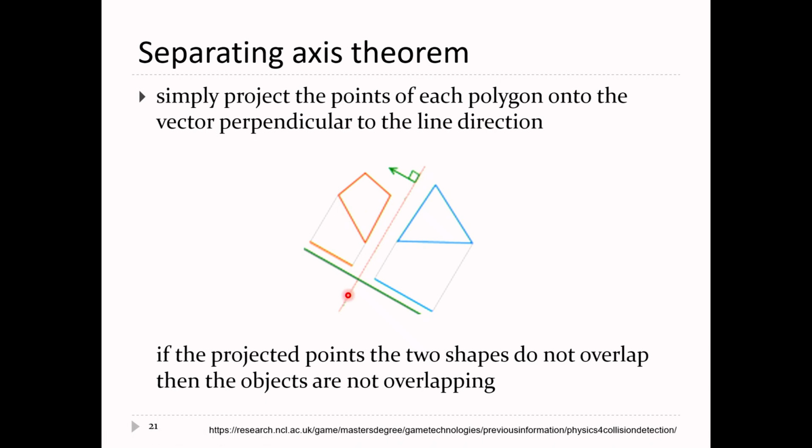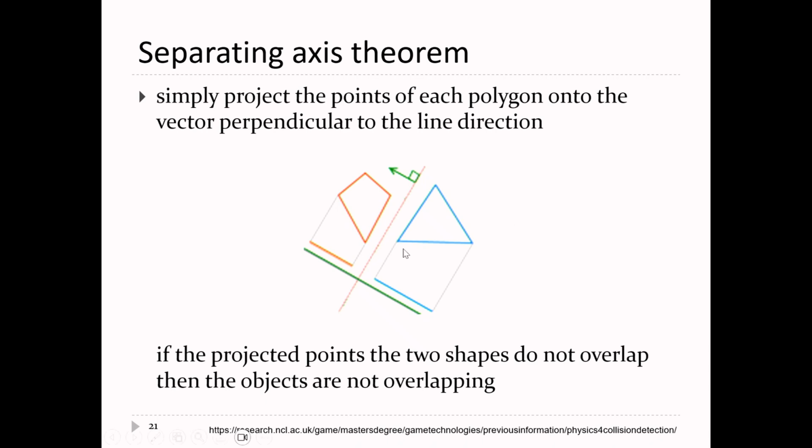This is my candidate line, my candidate separating axis. The green vector is the vector perpendicular to the line. If you project the points of both polygons onto this axis, the direction that the green normal vector is pointing in, I project all these points down, then the range of these points is from here to here.